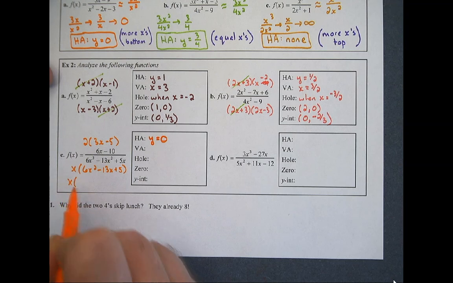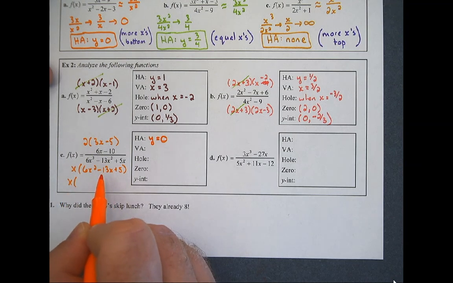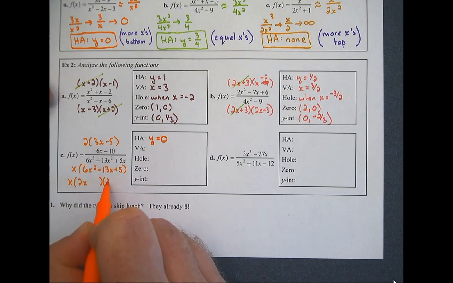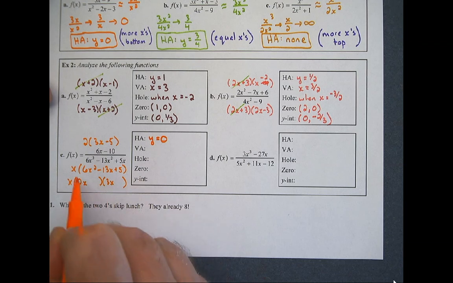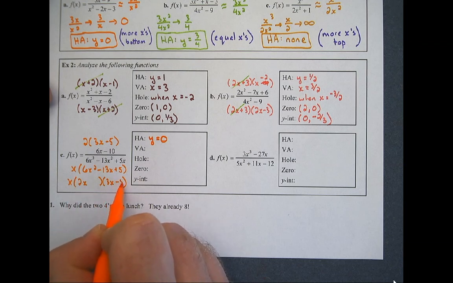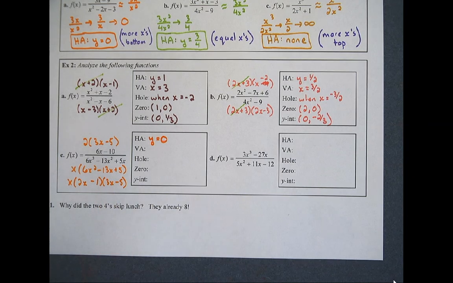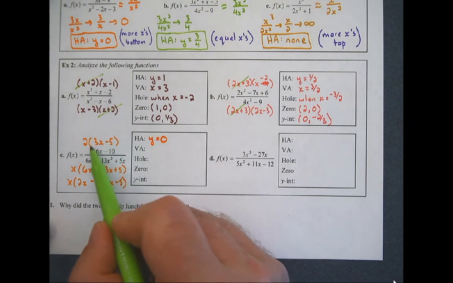And now I can factor again. 30 makes 10 and 3, so there's a 2 and a 3 that make the 6. A 10, I need it to be negative, and the 3, I need to be negative. So does anything cancel? Yep.